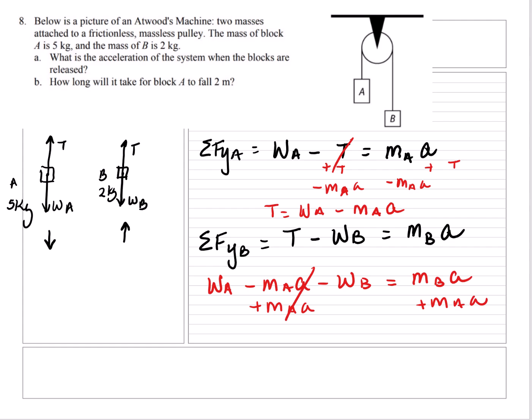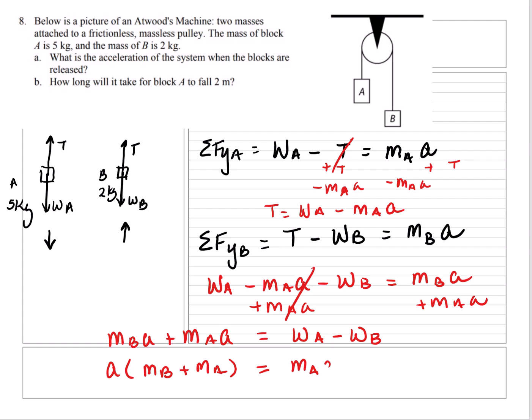So now if I simplify this, this becomes MBA plus MAA is equal to WA minus WB. We could factor out an A, so this is MB plus MA. This is equal to MAG, because weight of A has to equal mass of A times gravity.